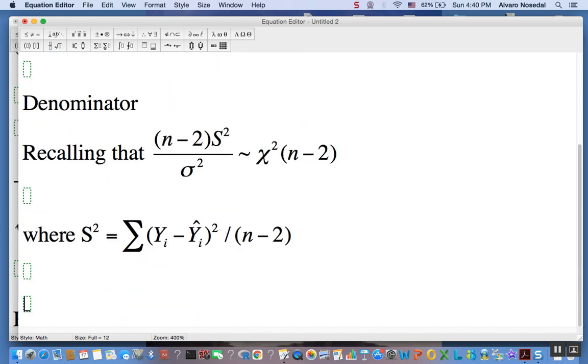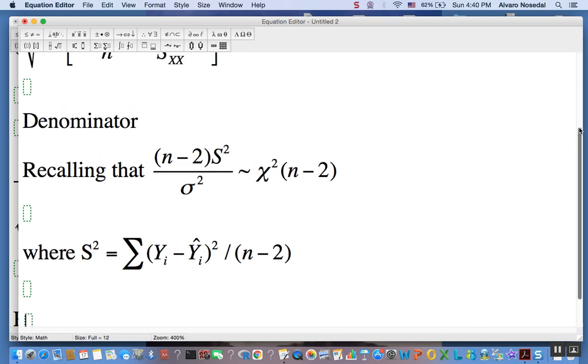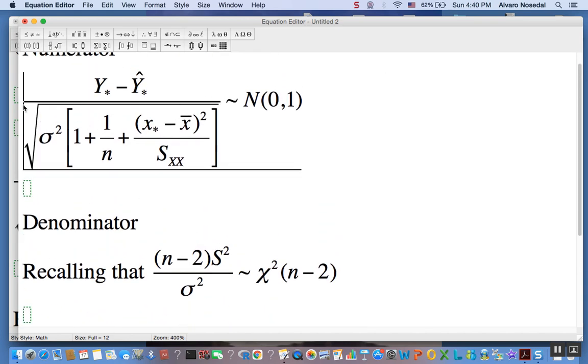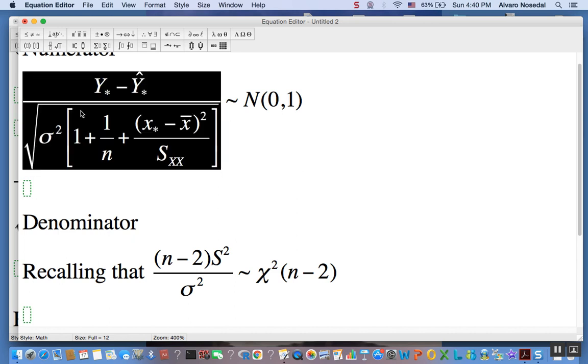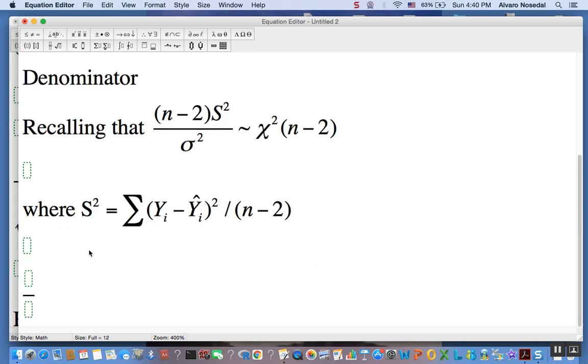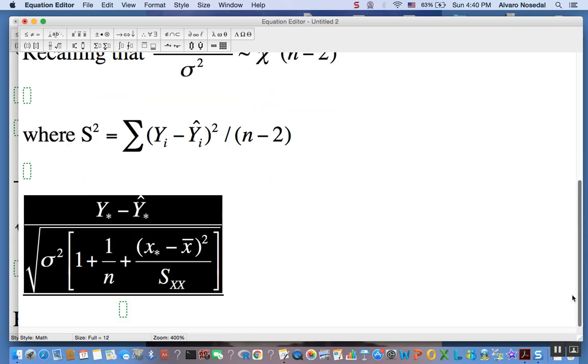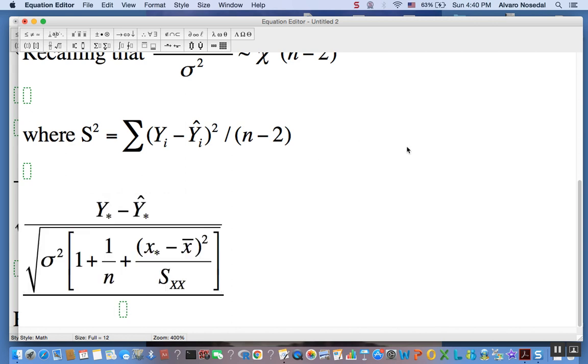It would be kind of a big ratio. Our numerator we're going to be dividing by the square root.